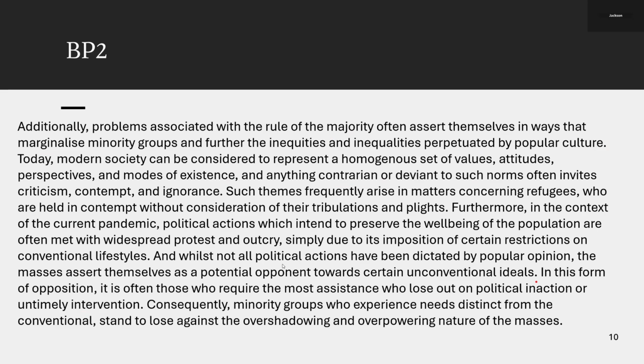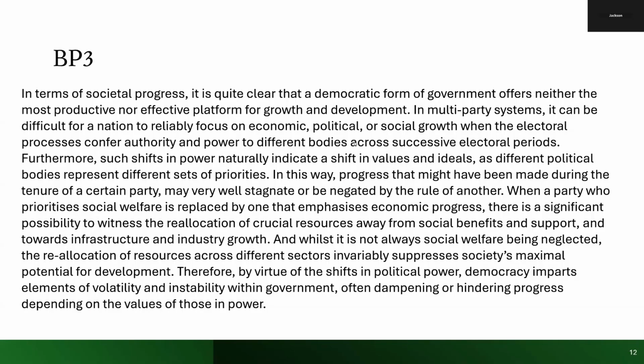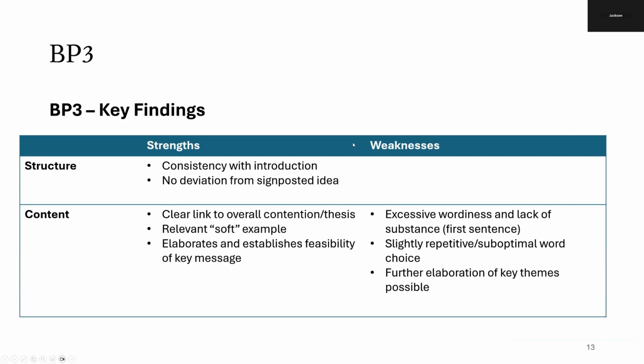Okay, so you need to link that in and say, this is a possible outcome related to democratic ideals because political action is determined by what's most popular. So you see how that, once again, rounds out the logic.